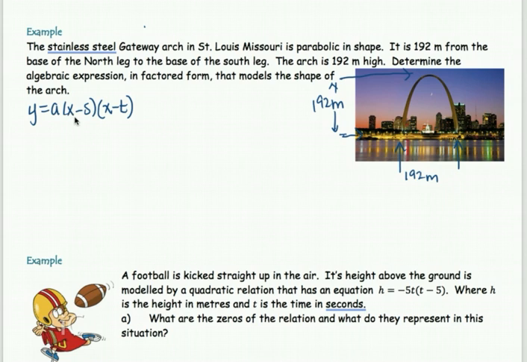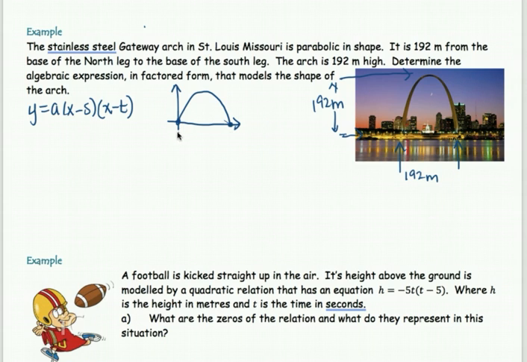But before, you were given clues directly. Now it's something about this picture, so it's a little trickier. To help you visualize better, you can graph it on a coordinate grid. Pretend this isn't to scale, but here's the arc. From here to here, it's 192 meters.